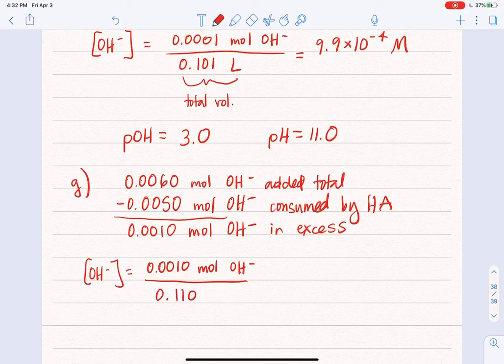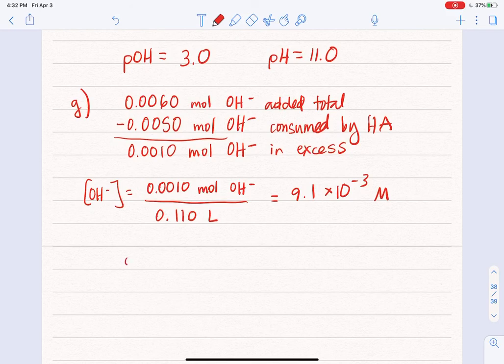So that's going to be 0.110 liters. That should give me a molar concentration of hydroxide that's equal to 9.1 times 10 to the minus 3 molar. Okay, so taking the negative log of that, you should get a pOH of 2.0, I think. And subtracting from 14, your pH is going to be 12.